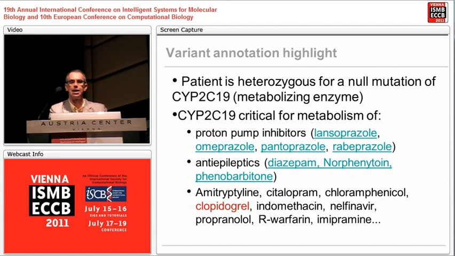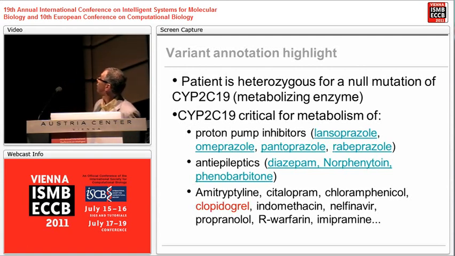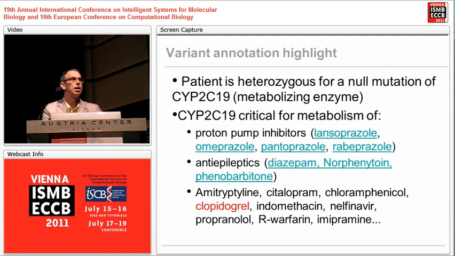So a couple of the highlights are that the patient was heterozygous for a null mutation of a very important metabolizing enzyme, CYP2C19. So he has one normal copy and one non-functional copy. This has been described. This is a common variant. It's been studied.